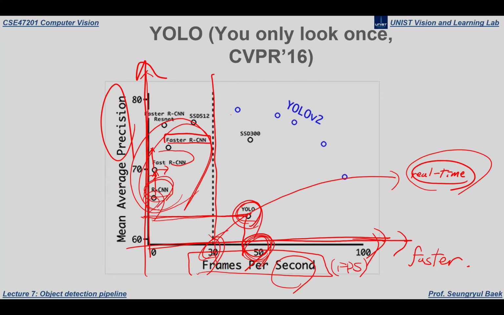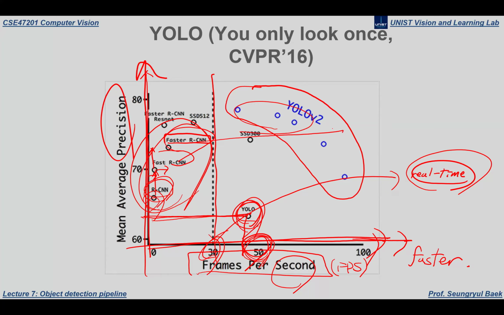You also have to see YOLO version 2, which exceeds YOLO and even exceeds the performance of Fast RCNN on the y-axis. There are many variants of YOLO version 2. Depending on their backbone architecture, they have some trade-off even with the same algorithm.